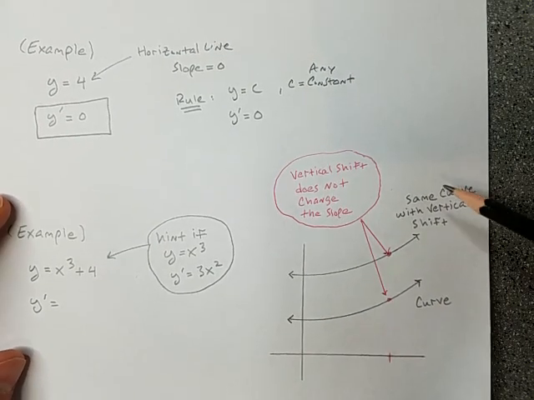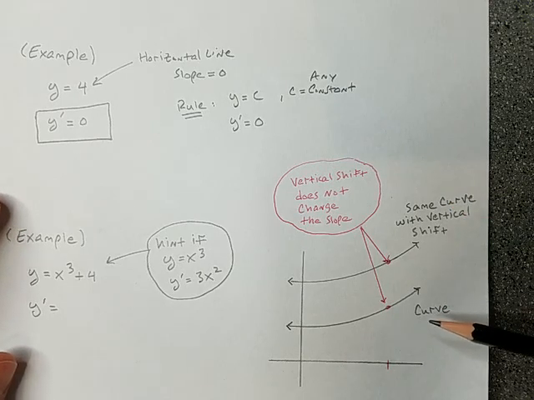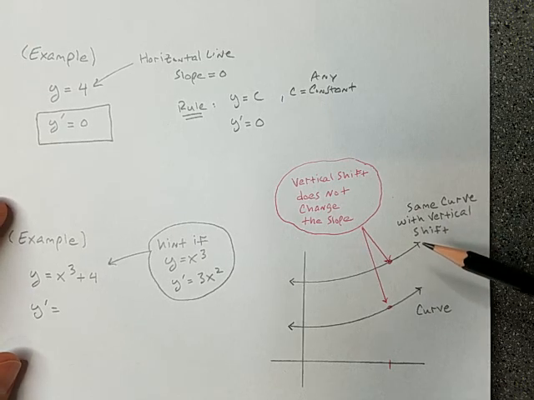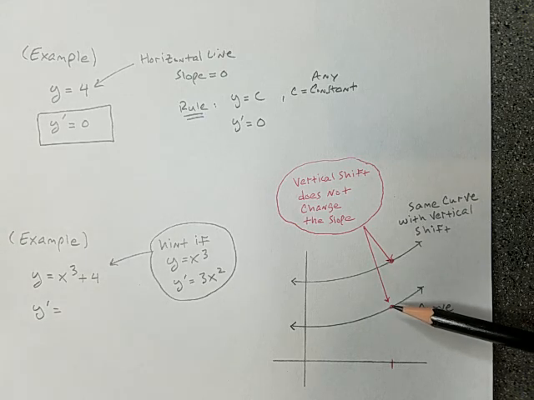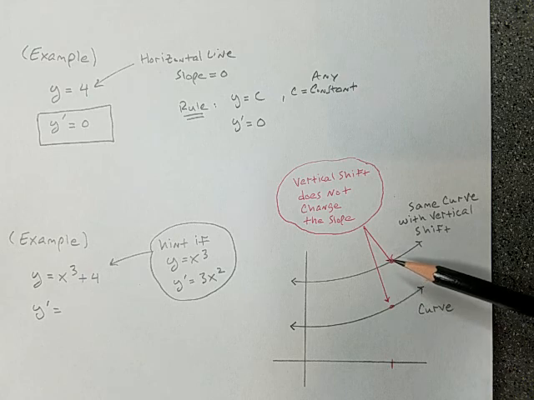Now, what do you think? Say you had some curve, and say you took the same curve with a vertical shift. Would that change the slope at any point? Like, take that point. See that point right there? Is the slope there any different than the slope of this related point on the curve that shifted vertically?